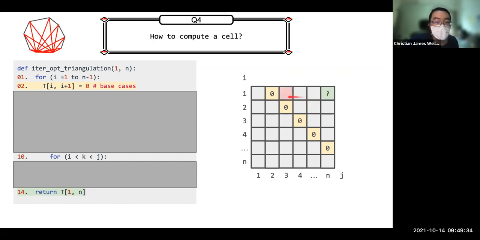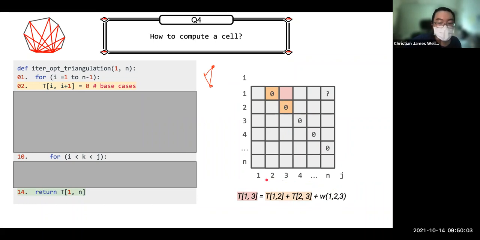So, how do I compute a cell? Remember, a cell is like T13. This is basically computing from 3 points, then you go compute them like that. For the base case, you can see it's a triangle, but in our algorithm, this is exactly what we had before, right?